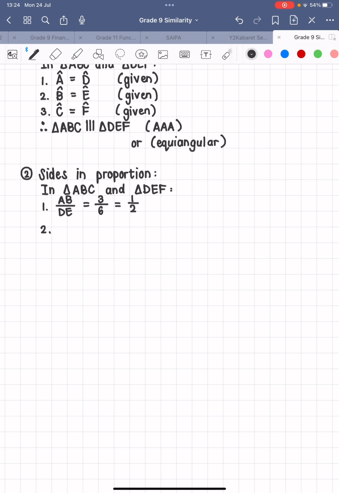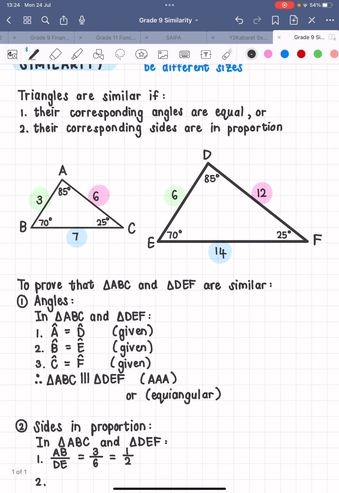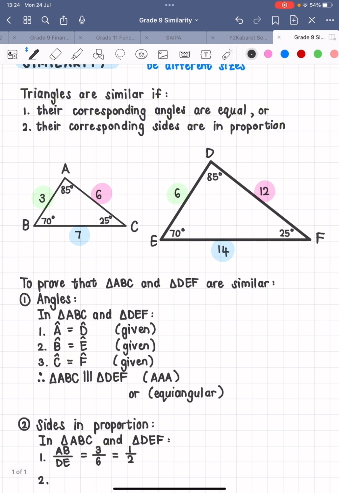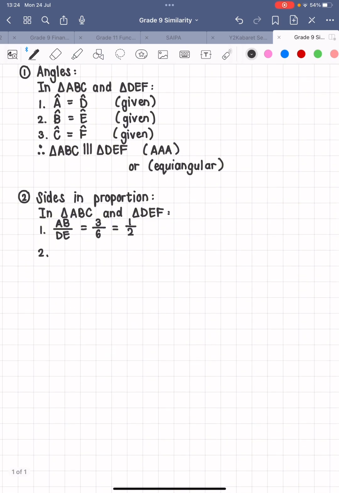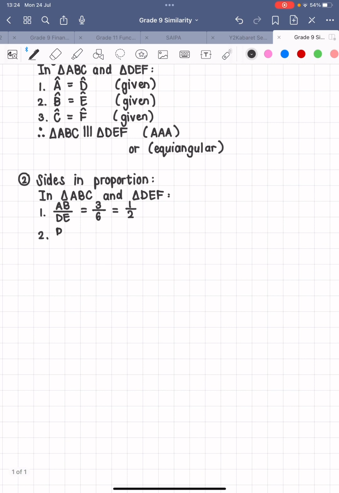Now we take another pair of sides. Let's do the blue ones on mine. So BC over EF is 7 over 14. And that is equal to a half as well.